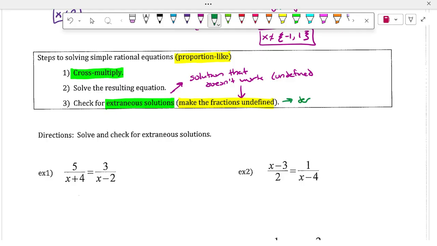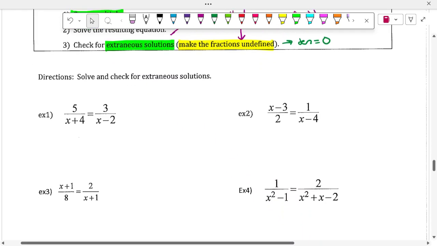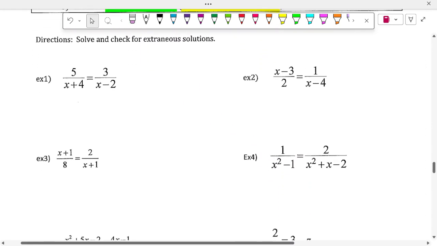It will give you a denominator equal to 0, which we know to be undefined. So, really, you just have to plug it back into the x values in the denominator because the numerator doesn't really matter. The denominator is what you can't have be 0. All right, so it's actually a quicker check than the radicals. So let's try some of these.